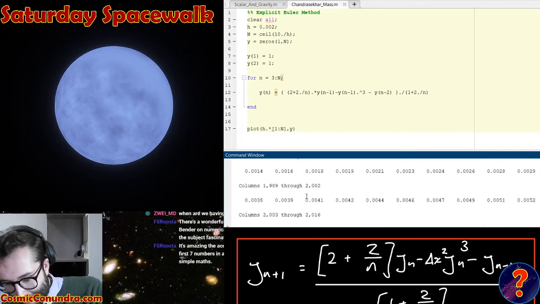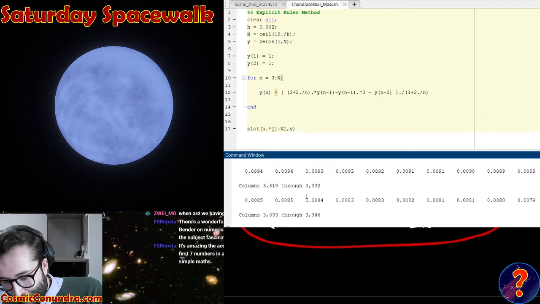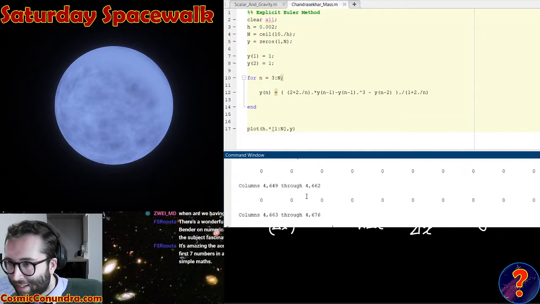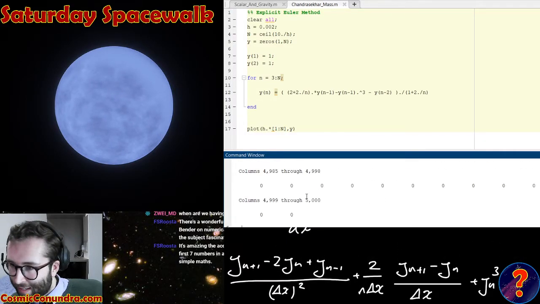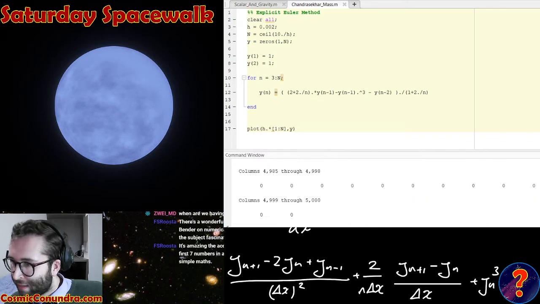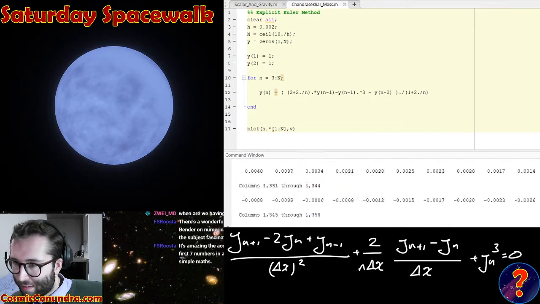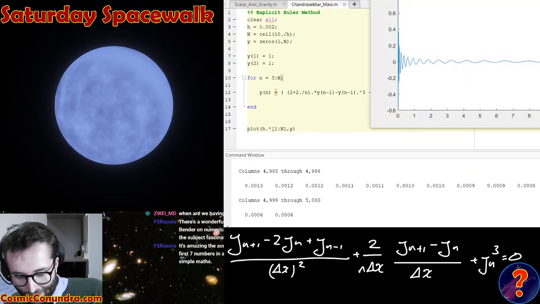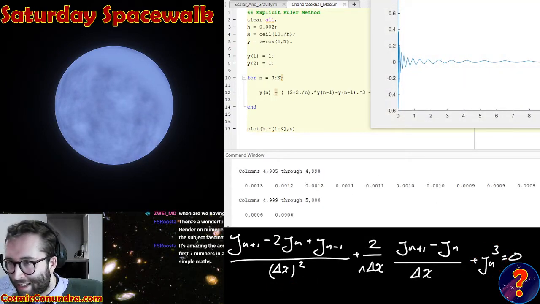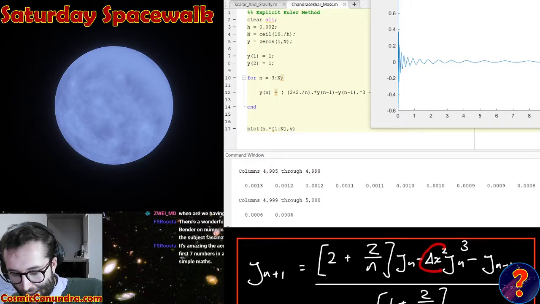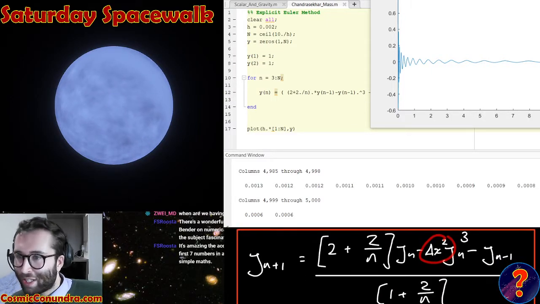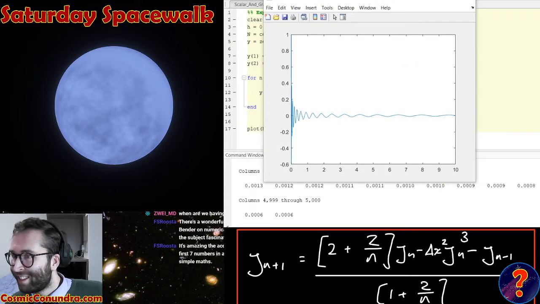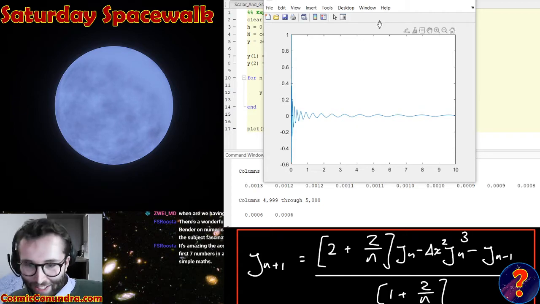If you think about rearranging this for yn plus 1, you end up multiplying the whole thing by delta x squared. So you should have a delta x squared here, but I haven't got one. So now I have to put in a delta x squared here, which is why this has given us something totally crazy.